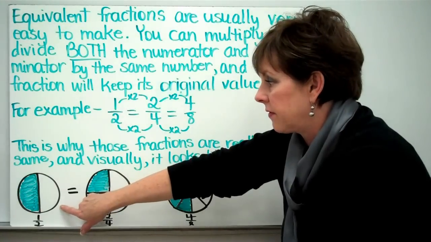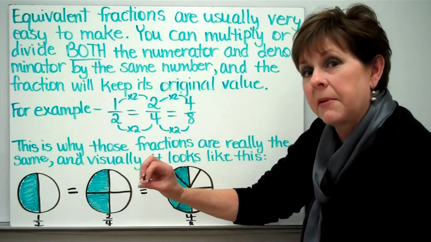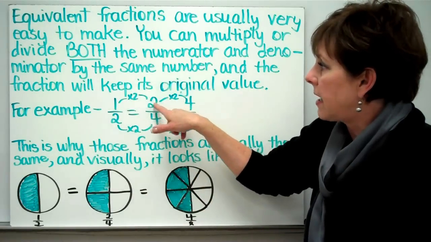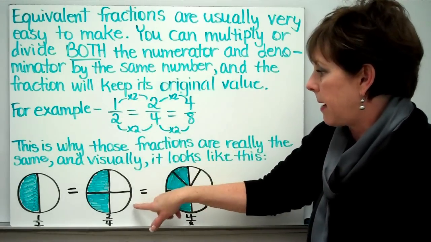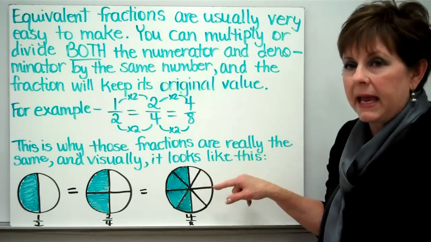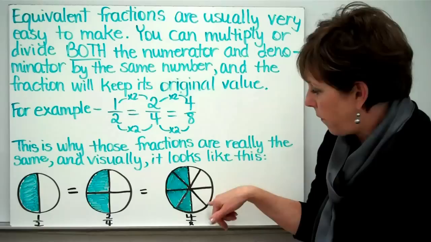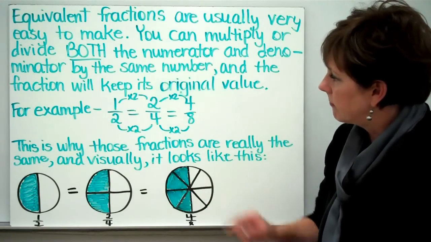This would be 1/2. This would be 2/4, but you'll notice it's the same amount. When I did it again, I got 4/8. This is why these are equivalent fractions.